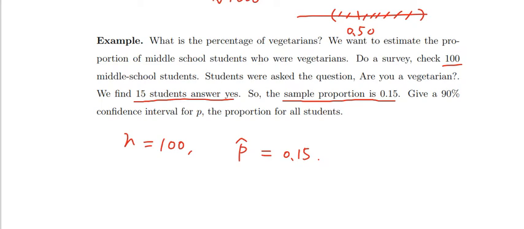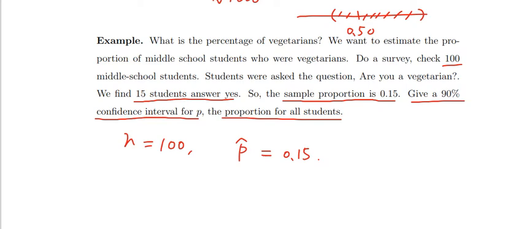Based on that, let's say we want to give a 90% confidence interval for P, the proportion for all people who are vegetarian. So maybe a school needs this information. They want to prepare their food. Okay, such a problem.